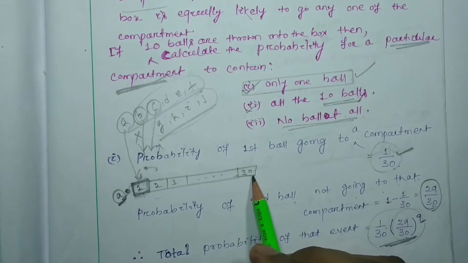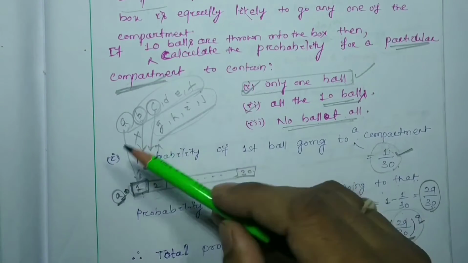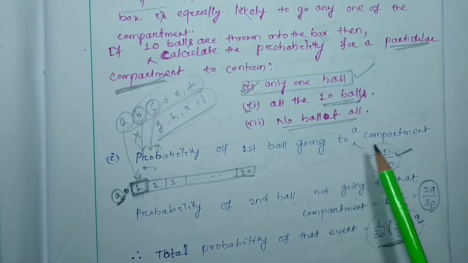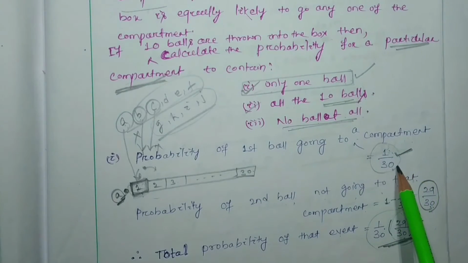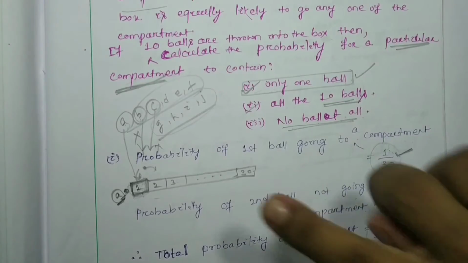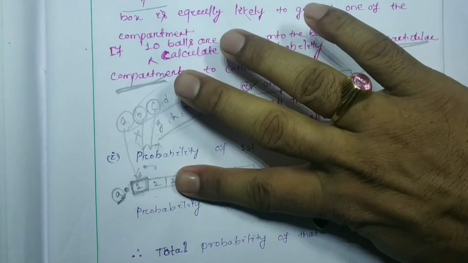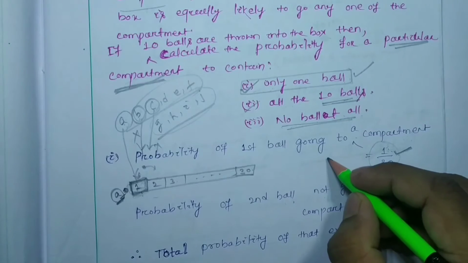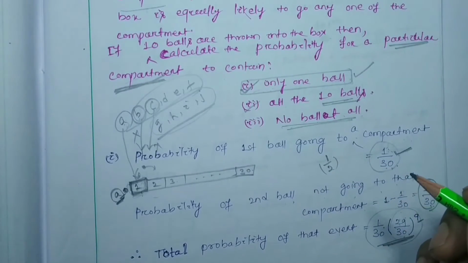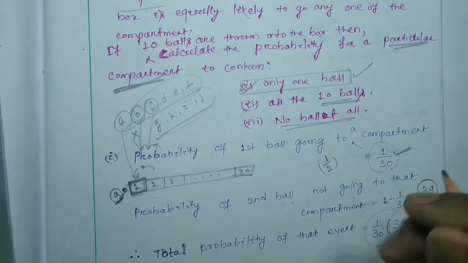What is the probability? 1 by 30. Similarly, if we have two compartments, then the probability will be 1 by 2. Here we have two energy states, so 1 by 2, as we discussed.